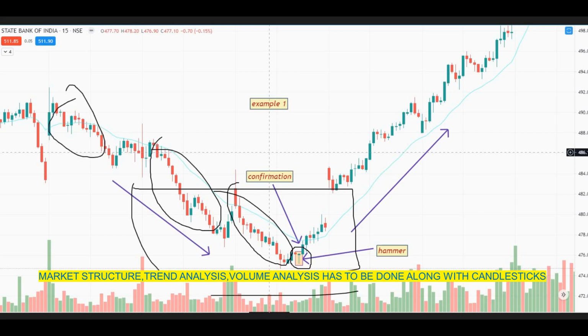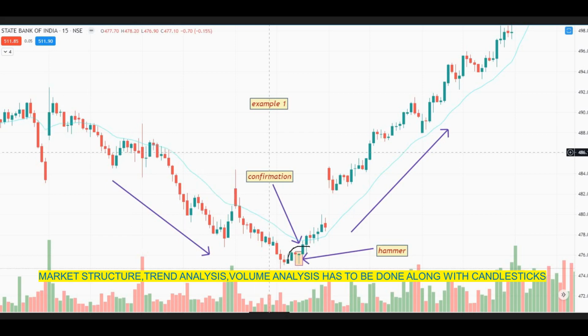Then you should analyze the candlestick patterns at that price area, then look for a confirmation and take a trade and see the huge upside momentum after that. Okay, so if you haven't watched my market structure and price analysis videos, I recommend please to watch those videos. You will definitely gain a lot of knowledge from there.